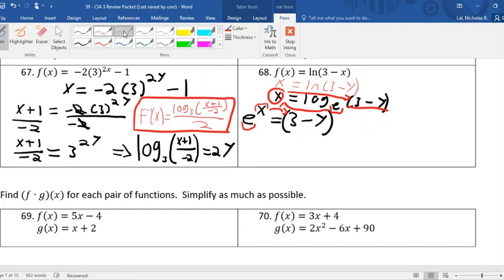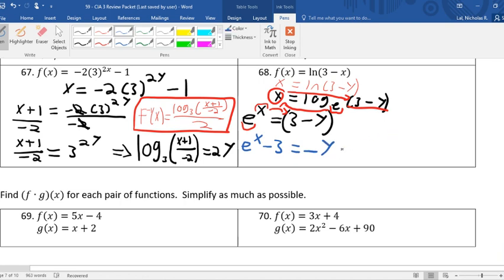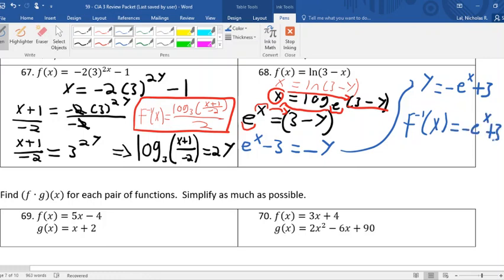Subtract 3 from each side. So e to the x minus 3 is equal to negative y, which means that positive y would be equal to negative e to the x plus 3. So the inverse of the function, f to the negative 1 of x, is going to be equal to negative e to the x plus 3.